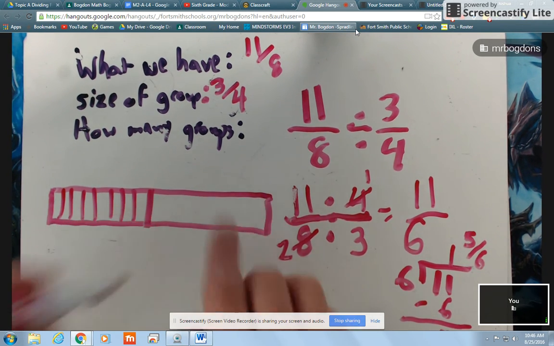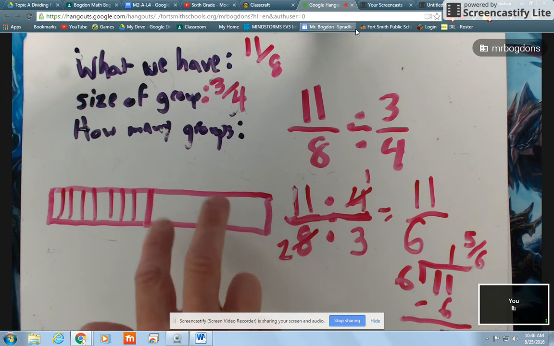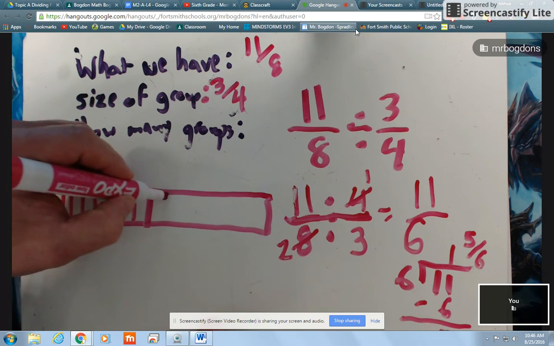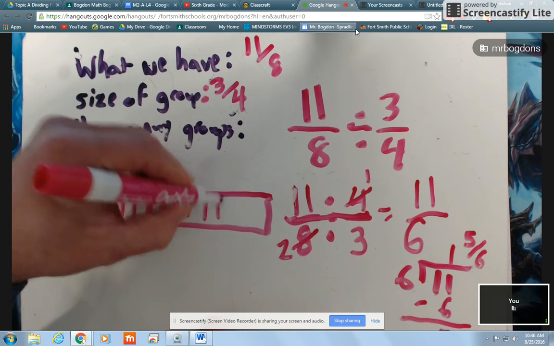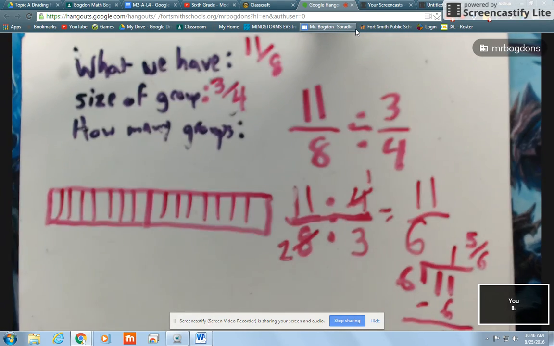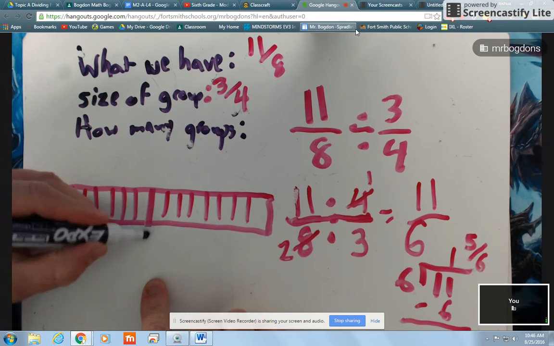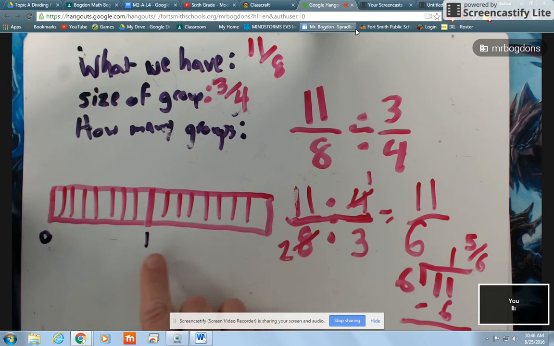So over here, I need to somehow represent eighths. How many pieces do I need to split this next whole into? 8. 1, 2, 3, 4, 5, 6, 7, 8. So now I need to represent my 11/8. I have eighths total because to go from here to here is 1. How many eighths are in 1? 8.